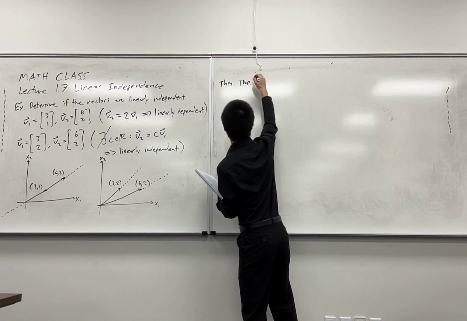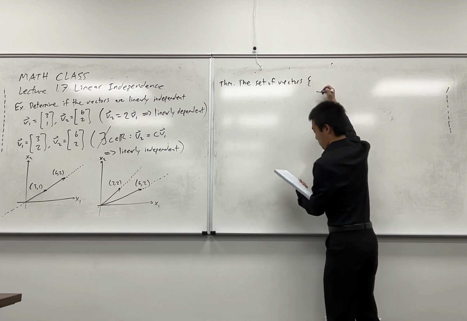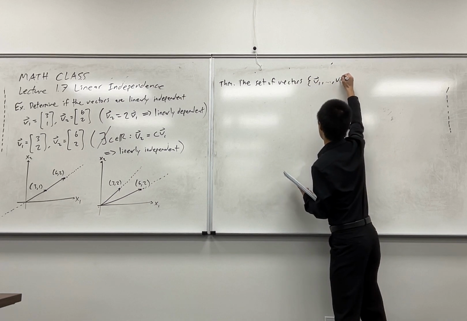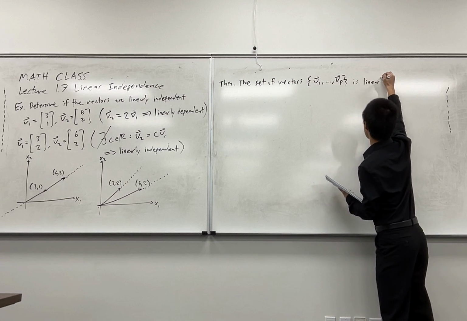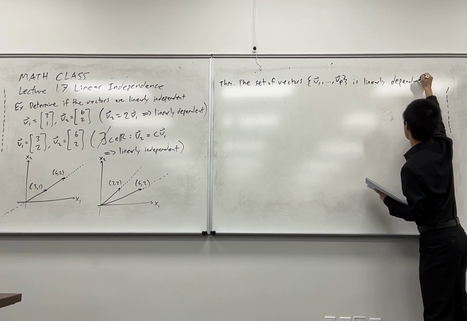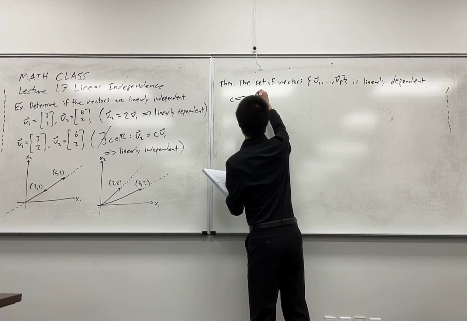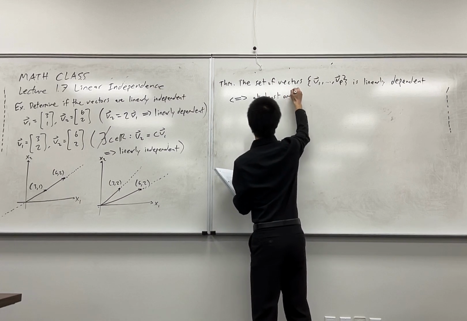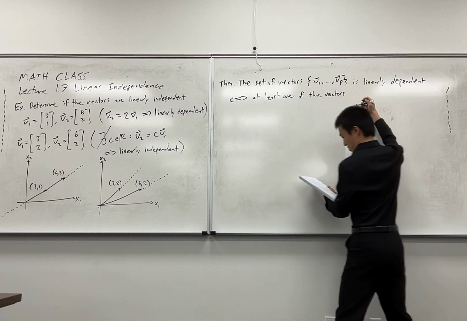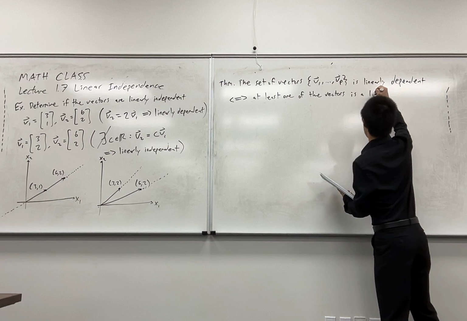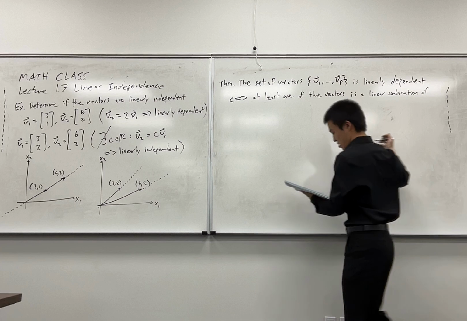So the set of vectors, let's have p of them, v1 through vp, is linearly dependent if and only if at least one of the vectors is a linear combination of the others.